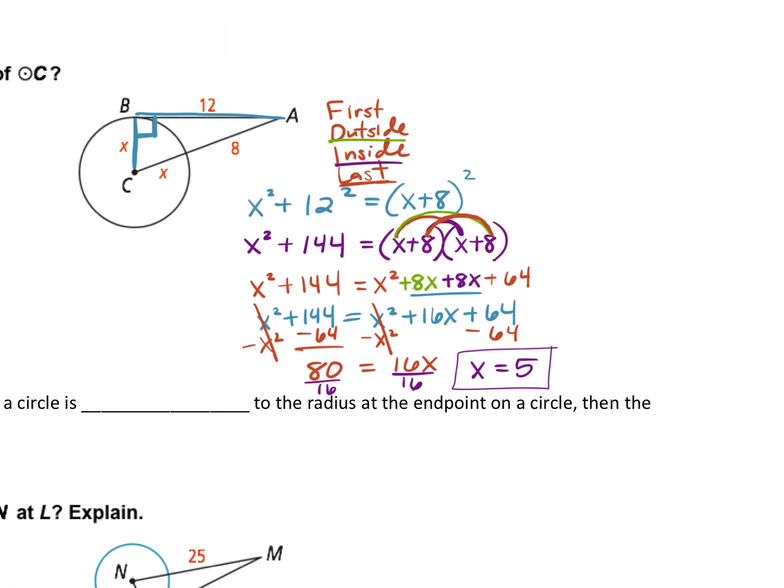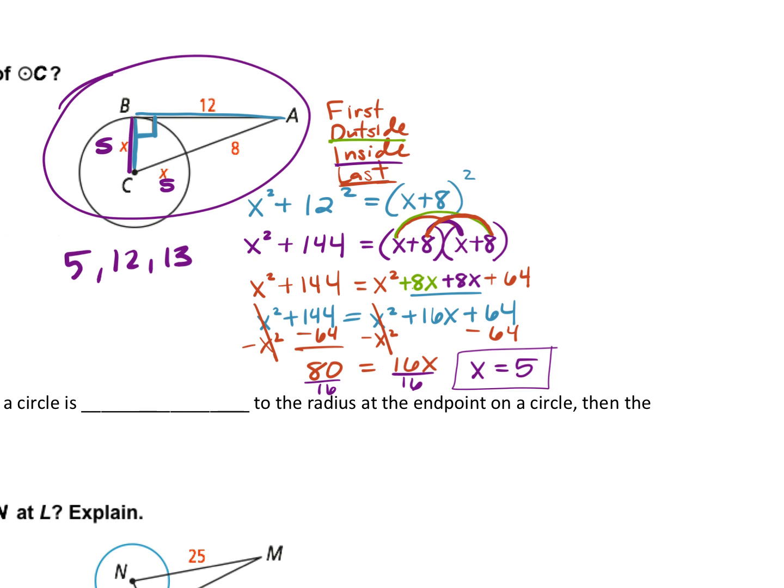Now, want to see something? If you plug that back in, this as a 5 and this as a 5, look what you get. You get the 5, 12, 13. So if you're real on it with your triples and you see a problem like this, you could think, what are some triples that I know that have the number 12 in them? 5, 12, 13 is probably the only one. 9, 12, 15, but we didn't see that one a ton.